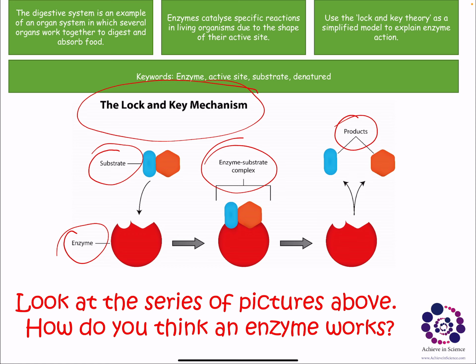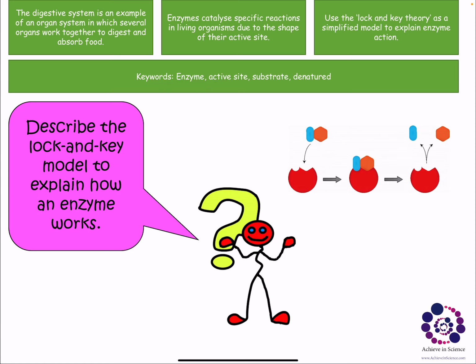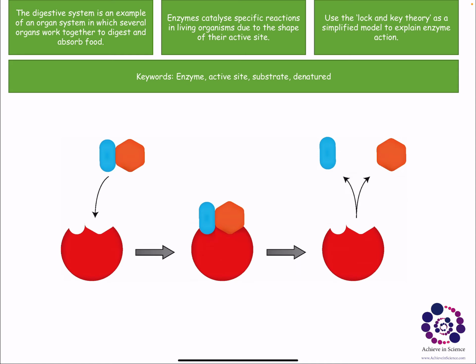Okay. So, you've already done this, so you've described the lock and key model to explain how the enzymes work. You can clearly see there's a substrate, so there's your insoluble molecule, and it fits into this active site.